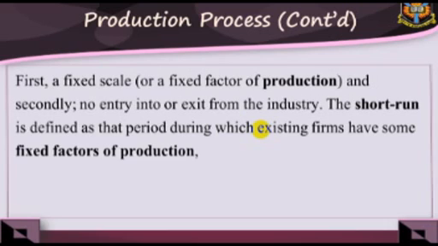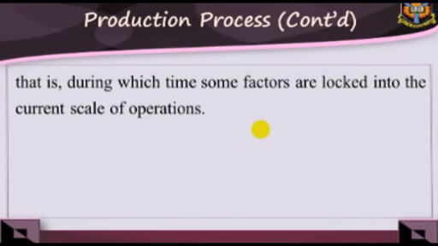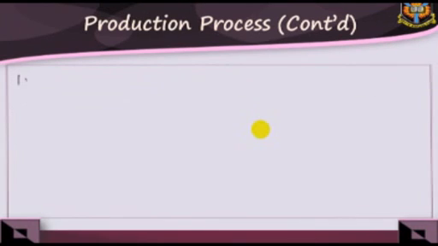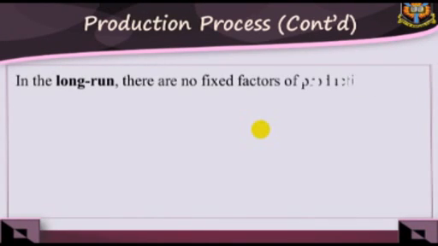Two assumptions define the short run. First, a fixed scale, and secondly, no entry into or exit from the industry. The short run is defined as that period during which existing firms have some fixed factors of production, that is, during which time some factors are locked into the current scale of operations.